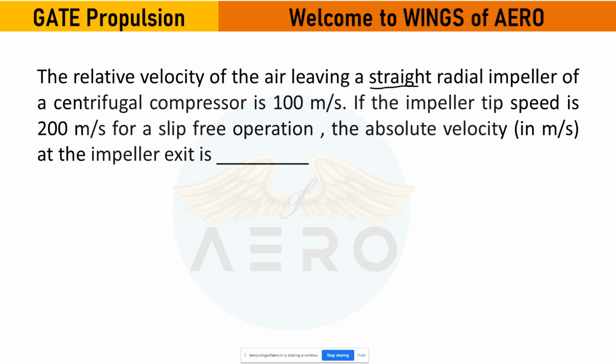Note that it's a radial impeller, and radial impeller means beta 2 is equal to 90 degrees. So W2 is given, U2 is given. From there you need to find C2. Now solve by yourself and let me know the answer rounded off to 1 decimal place.